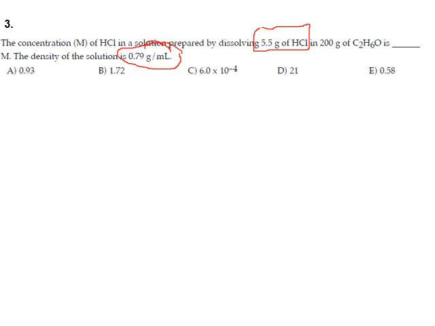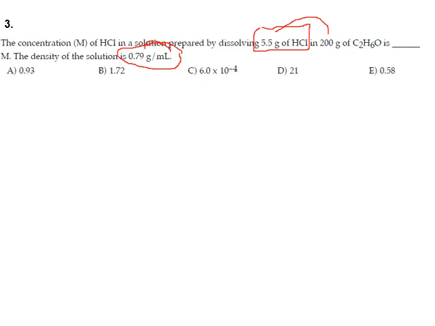And then I'm going to multiply that times 205.5 grams, which is the total mass of everything in the solution. So whatever I get is going to be the number of milliliters of the volume of the whole solution.